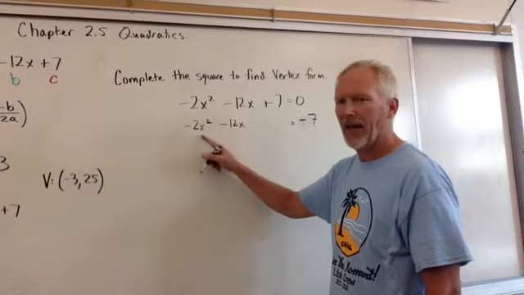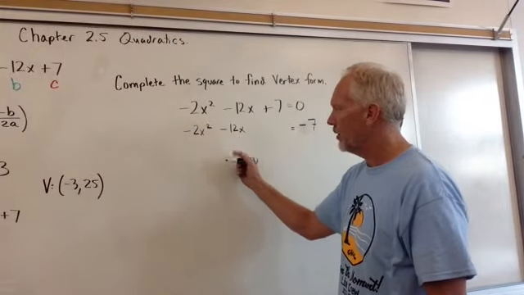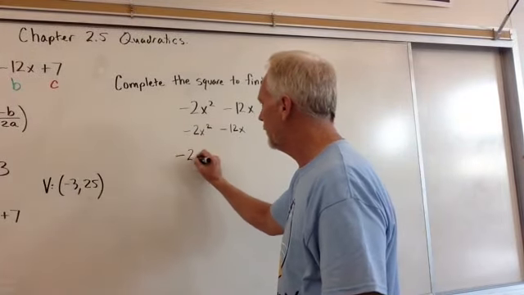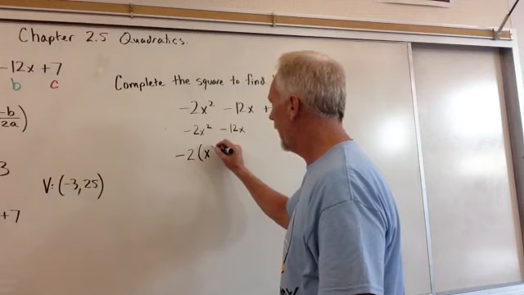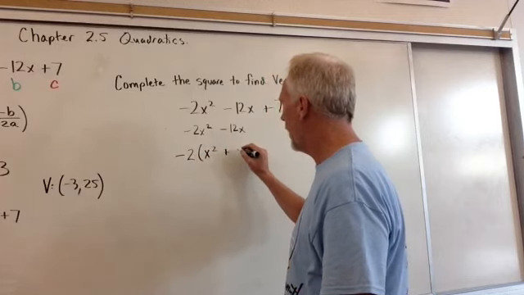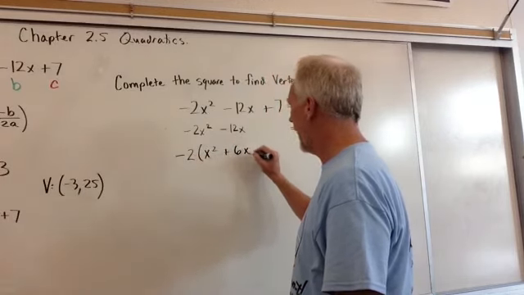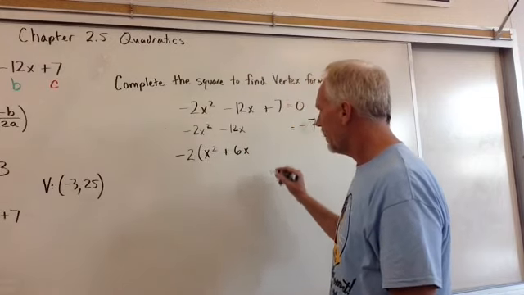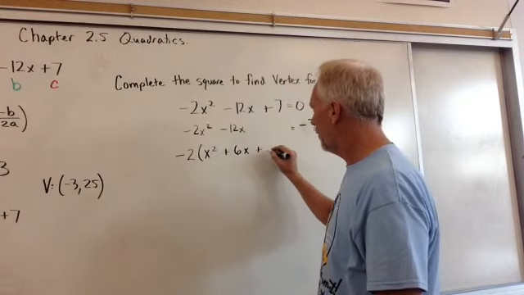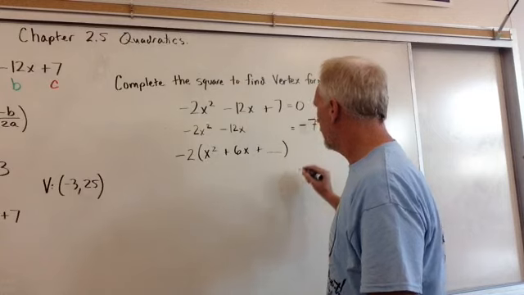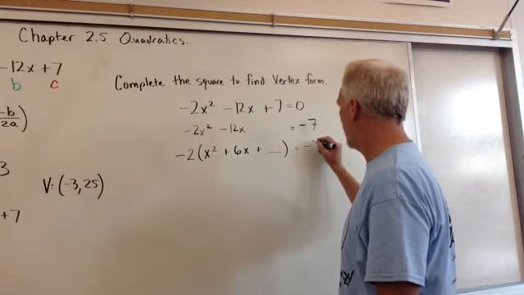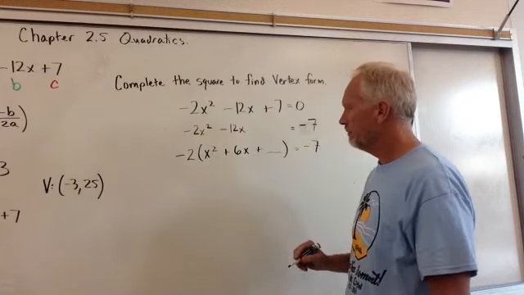We can factor out a negative 2. So let's do that immediately. Negative 2, we're left with x squared plus 6x, and we're going to go plus blank quantity is equal to negative 7.